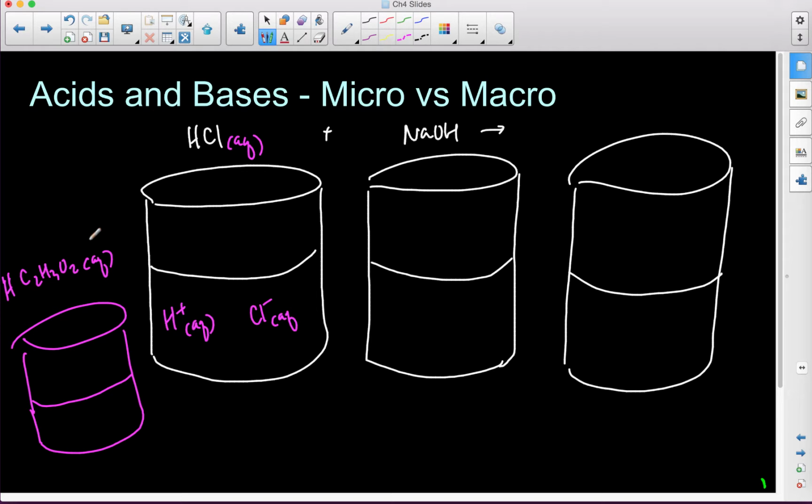And what does it mean if something is a weak electrolyte? Right, it dissociates some, not completely, but some. Meaning that if we were to do a particle representation of what's in this beaker, we would say that there are some H plus ions, some acetate ions, and some total things running around.